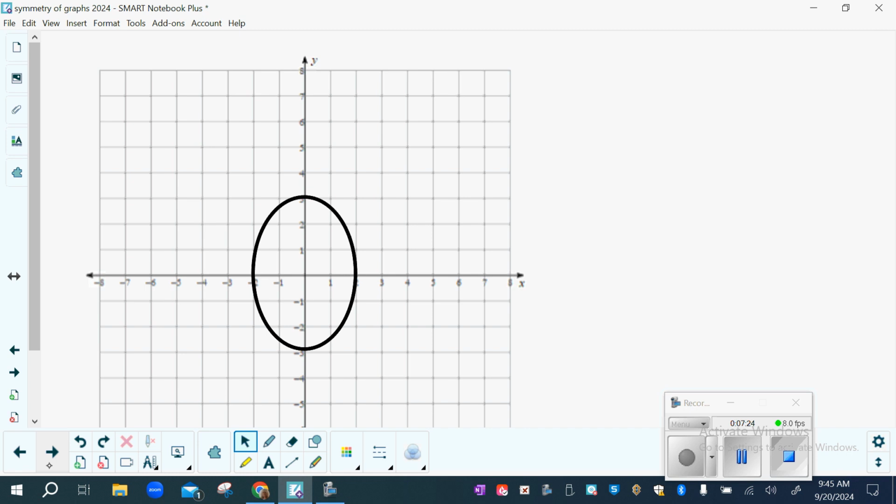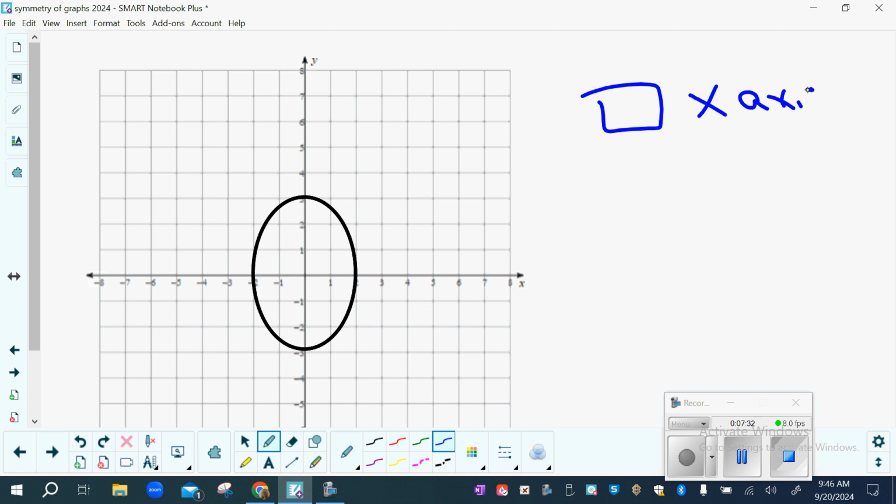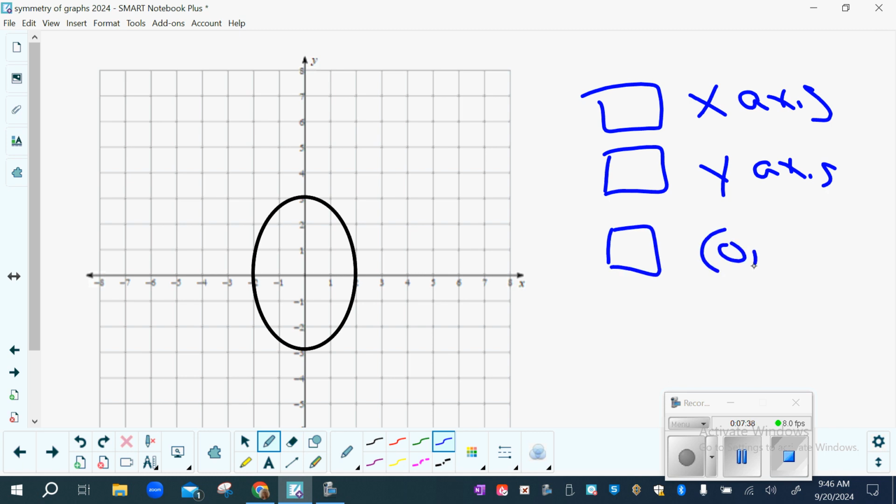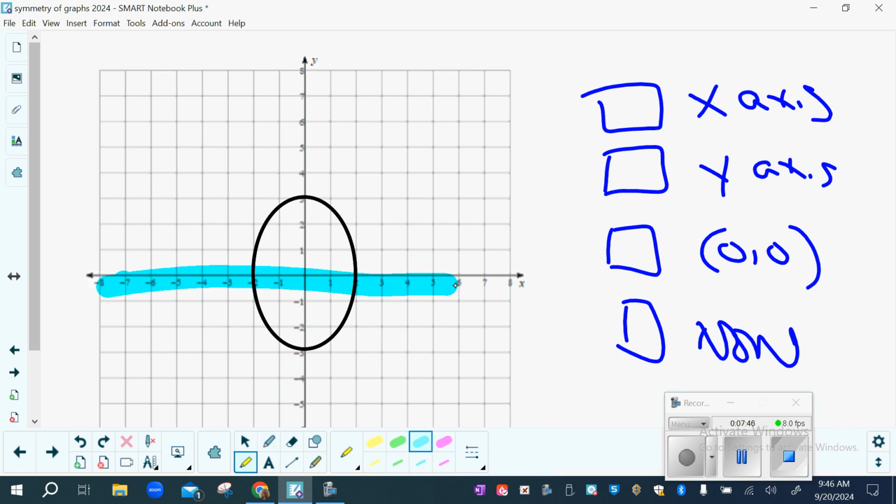Sometimes they have everything, right? So check this dude out. If you had a little box that said x-axis and y-axis and origin and none, here's what you get. Let's take a look at him. It's pretty cool. Does he have x-axis symmetry? Yeah, sure.